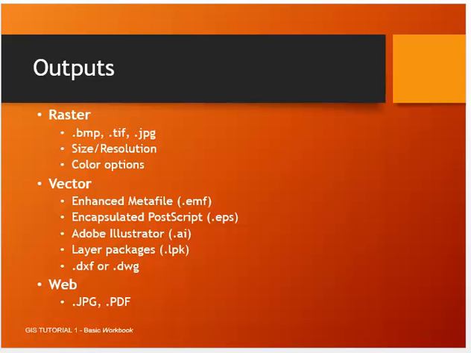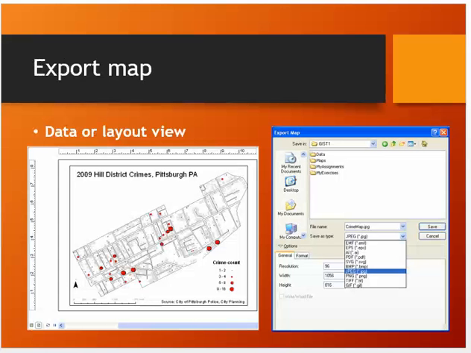You can change the resolution on that. You can also export it as vector-based graphic files if you're using it in a publishing program, or you can have a web-based graphics format, such as a PDF, that will allow you to share that data.